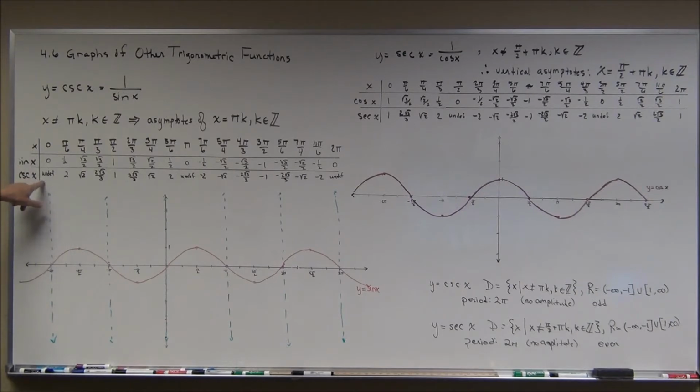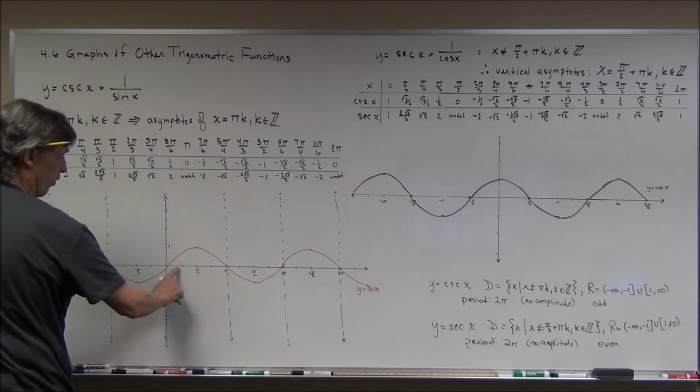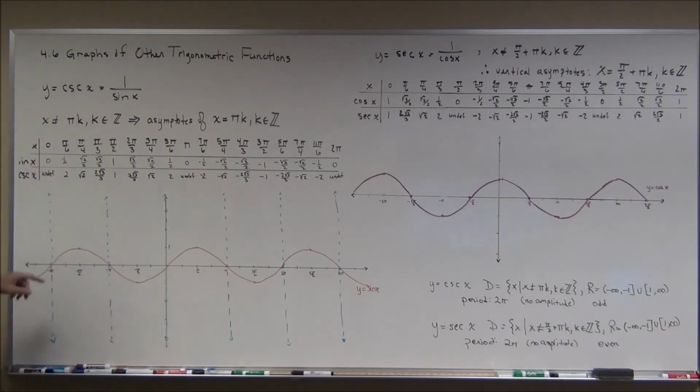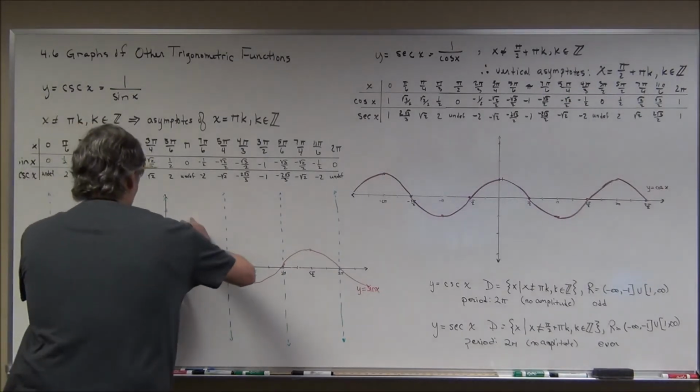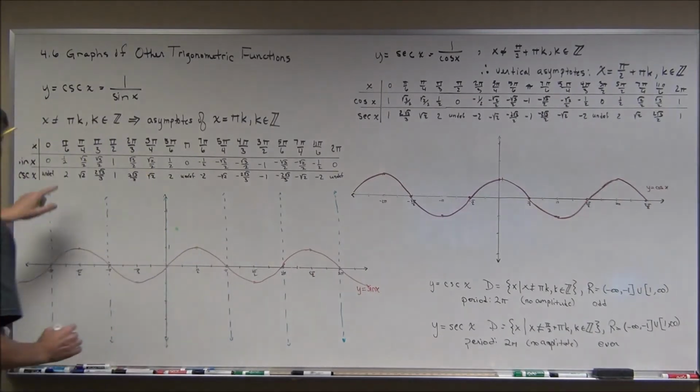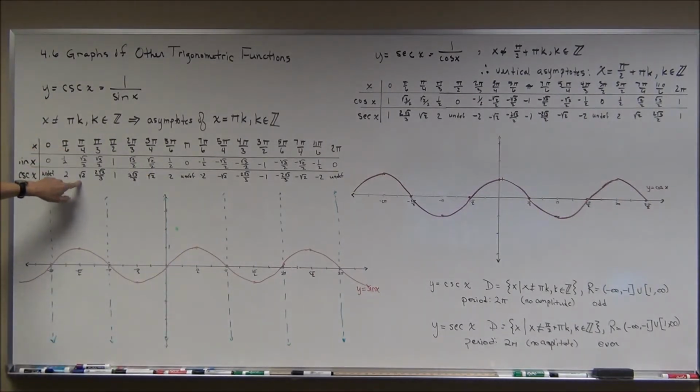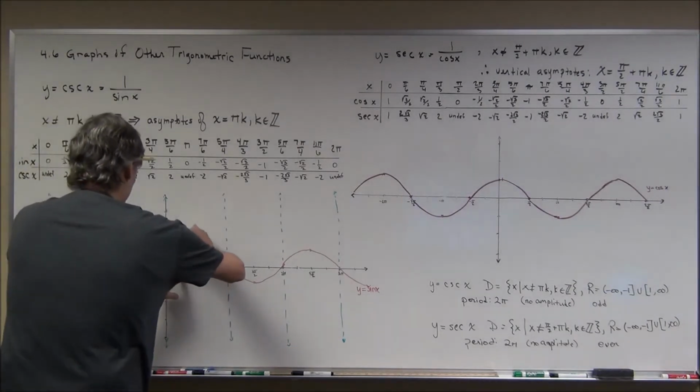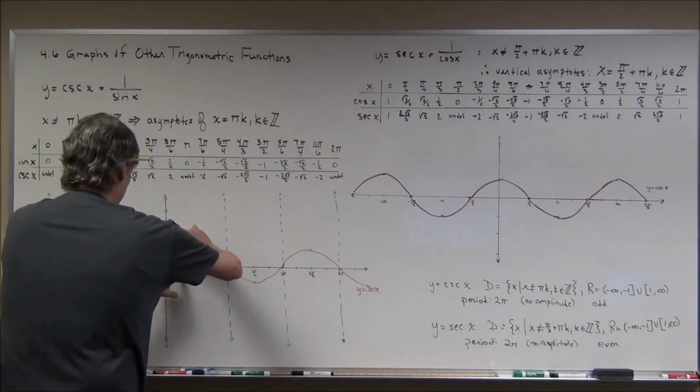Now again, it's undefined here. At pi over 6, now remember this is pi over 2, so this is pi over 4, pi over 6 would be approximately here. At pi over 6, my y value is 2. At pi over 4, it's the square root of 2, which is about 1.4. Now pi over 4 would be about here.